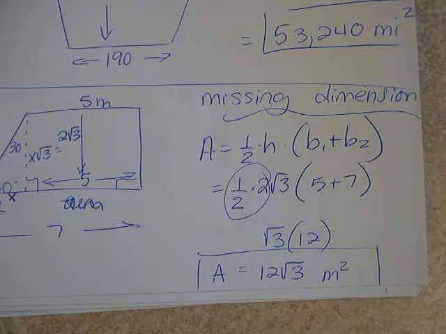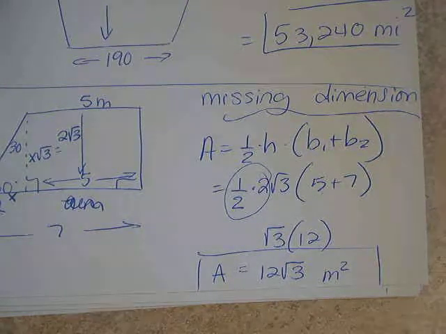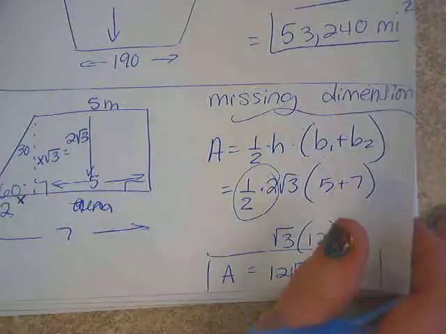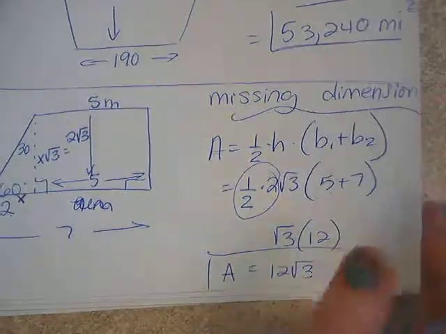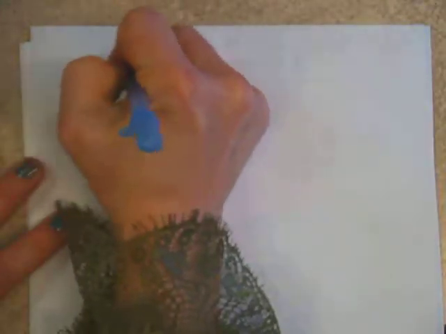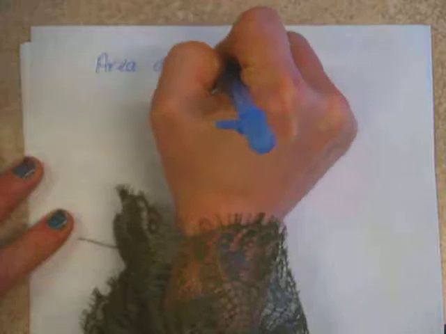Unless you're looking for a decimal answer, if your directions say round to the nearest tenth, then you can just put it all into your calculator. But if it does not say that, then we would simplify it down, keeping the radical. We'll probably pick out a couple from the homework, but we're going to go on to the rhombuses and kites.